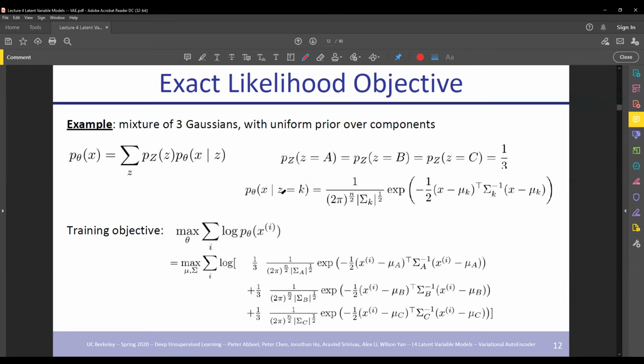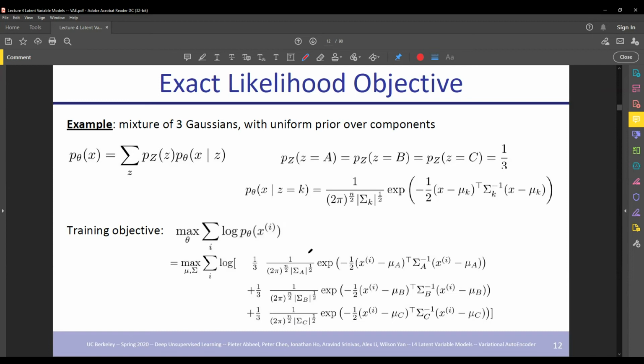It's 1/3. And obviously, this is the equation for the Gaussian distribution, assuming that Z takes value A, value B, or value C, each of which can occur with probability 1/3. In which case our training objective becomes log of p theta of xi, and p theta of xi is 1/3 the probability with Z having a mean mu A and variance, this is actually, I think, epsilon, not sigma, but that ought to be the notation.